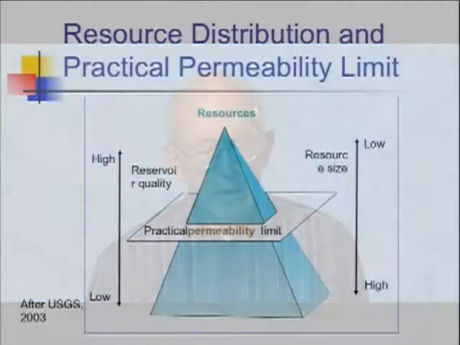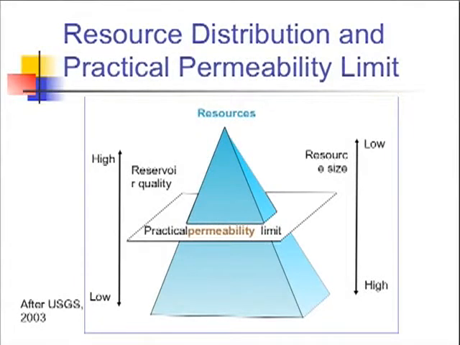Now, to further understand the unconventional resources, I think it's helpful to look at what I'll call the resources pyramid, which is illustrated in this next graph. In this pyramid, I show the highest quality reservoir at the top of the pyramid and the lower quality reservoir at the base.